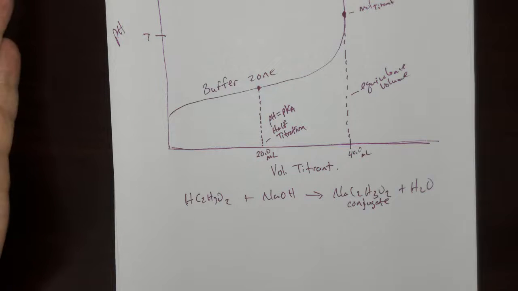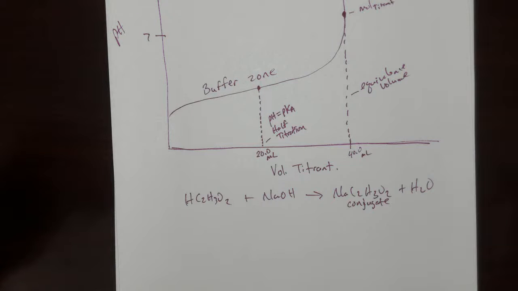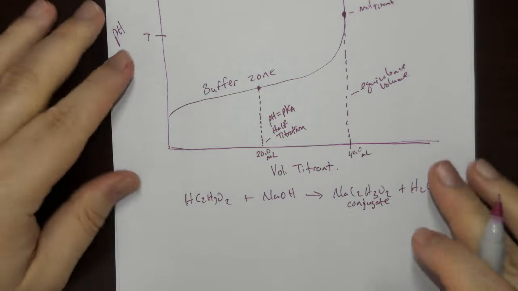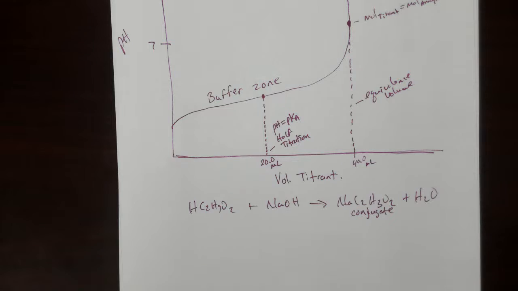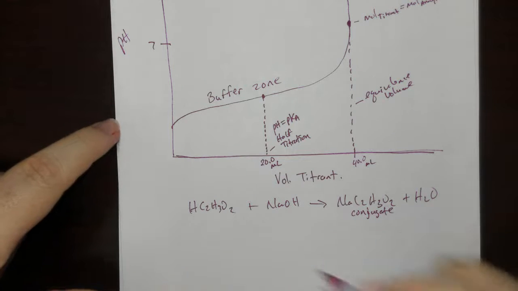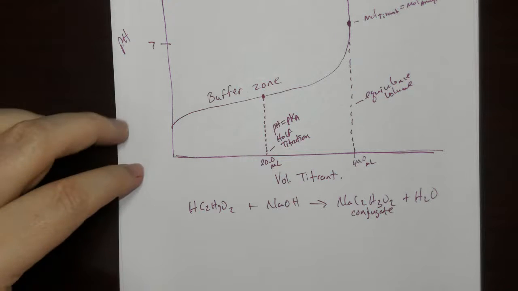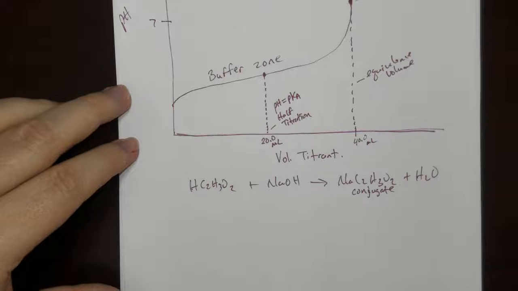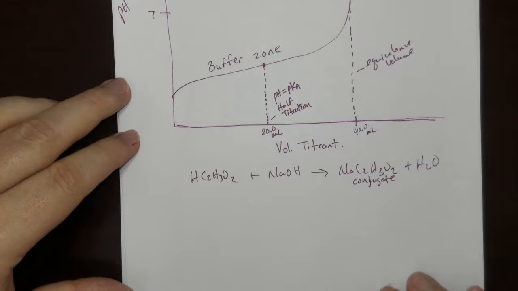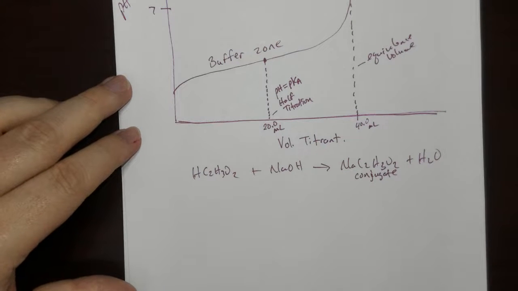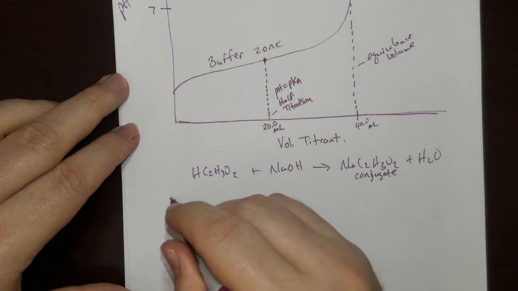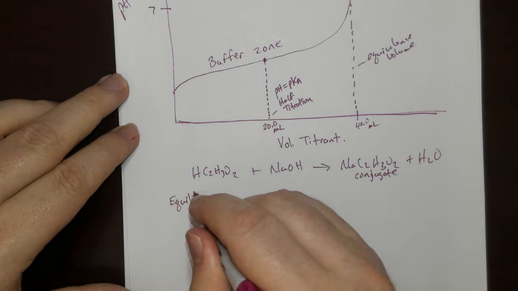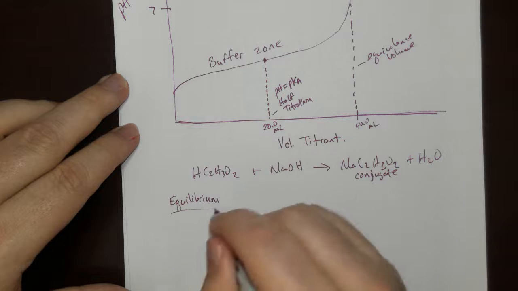So from there, I want to talk about what species are present at any point along your titration curve. This becomes very important. So obviously our analyte in this is going to be a weak acid. We're using the acetic acid example here. So at the beginning, well, before I even go through all that, since our analyte is weak, we're going to have to be using equilibrium to explain its pH because it does not dissociate 100%.